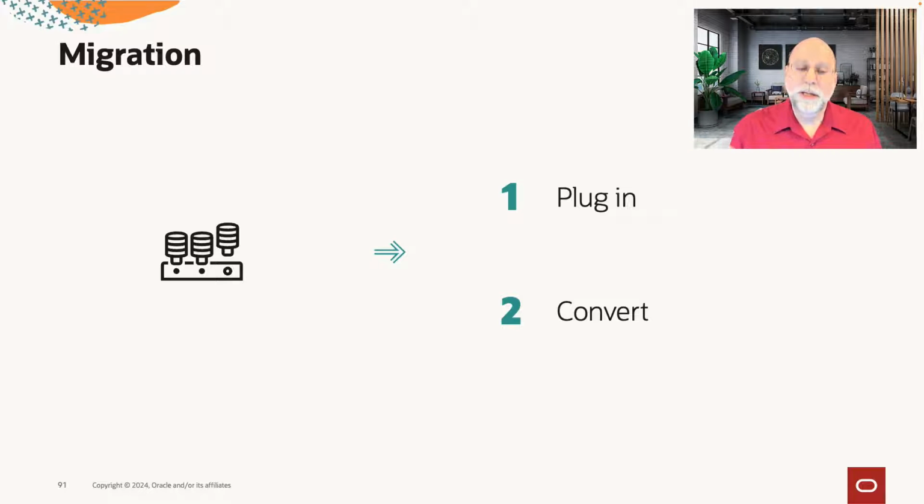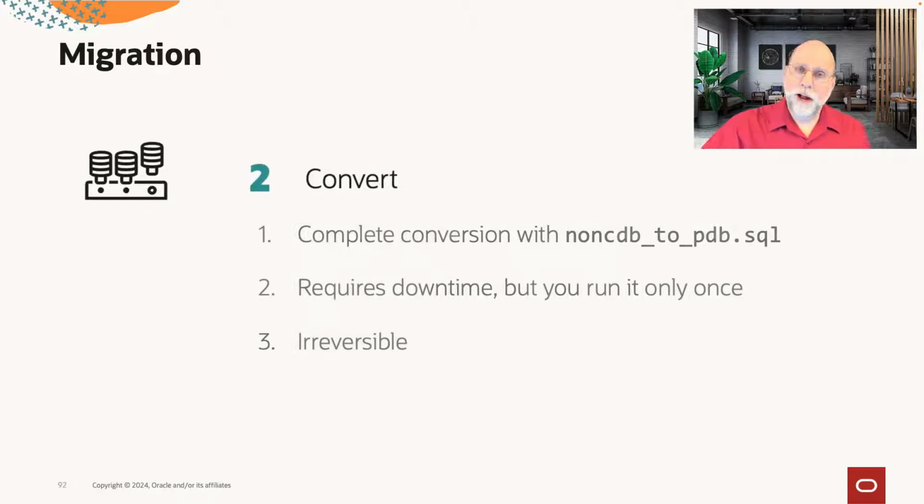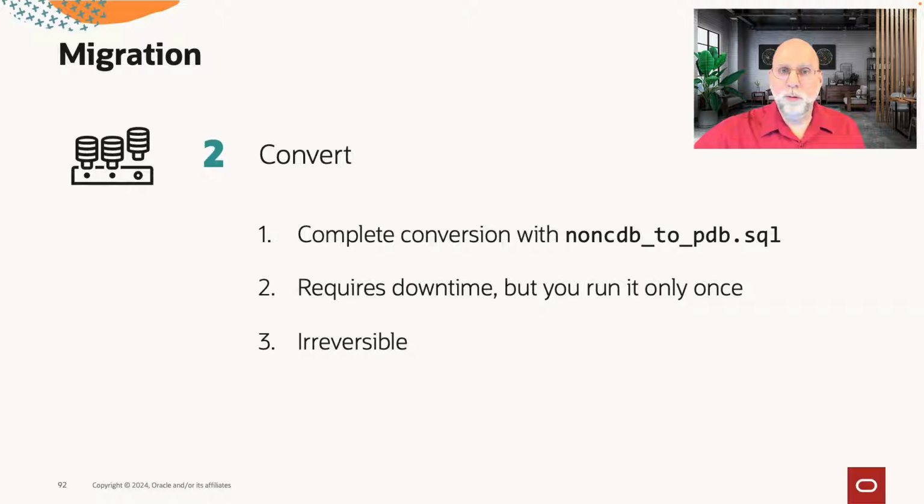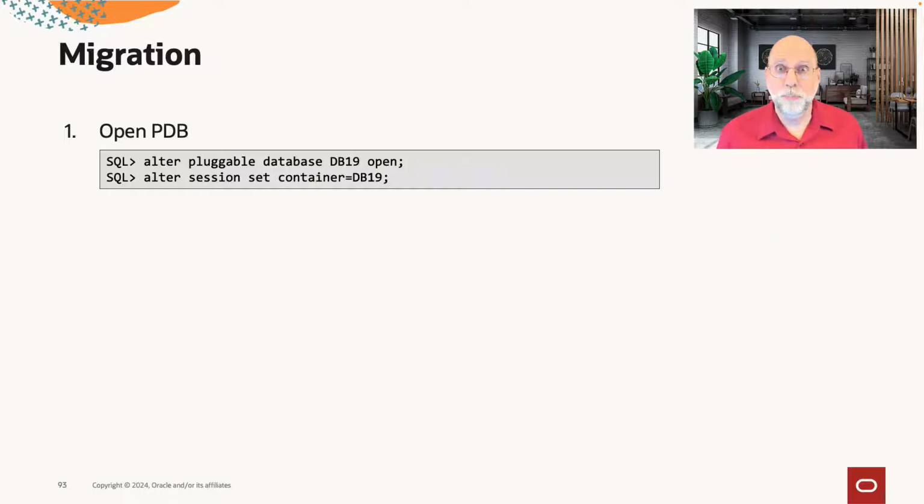Now, however, we need to do the conversion. And what that means is running non-CDB to PDB.SQL. It's faster than it used to be, but it still will require some downtime. The reason for that is it is going into your data dictionary and kind of rooting out all of the things that are now going to be metadata pointers into the root and converting them from those physical entries into those metadata pointers.